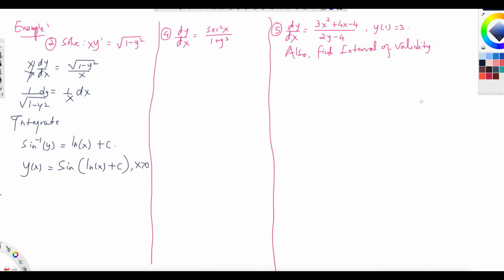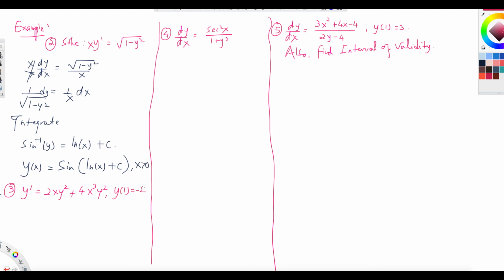Okay, let us do example number 3. I want to solve y prime equals 2x y squared plus 4x cubed y squared, and the initial condition is given as y(1) equals negative 2.